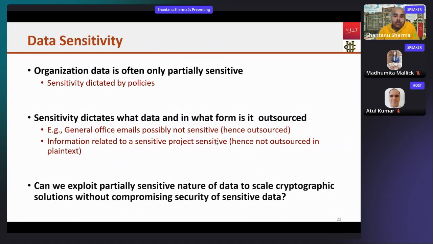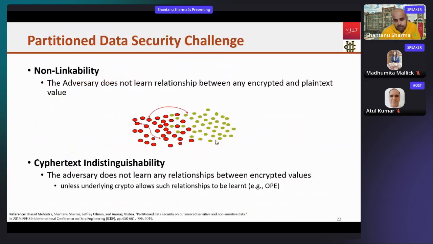And often we assume that sensitive data is not very large, because we don't know a technique that can deal with two different flavors of the data, sensitive and non-sensitive. That's why we encrypt the entire data set and outsource it to the cloud. Instead of this, the better thing is to only encrypt sensitive data and outsource our non-sensitive data in clear text. It will provide much more scalability.